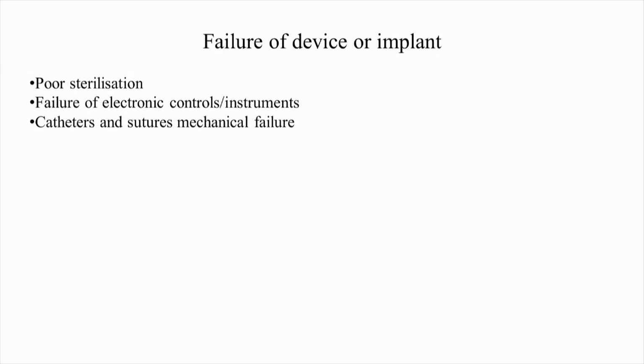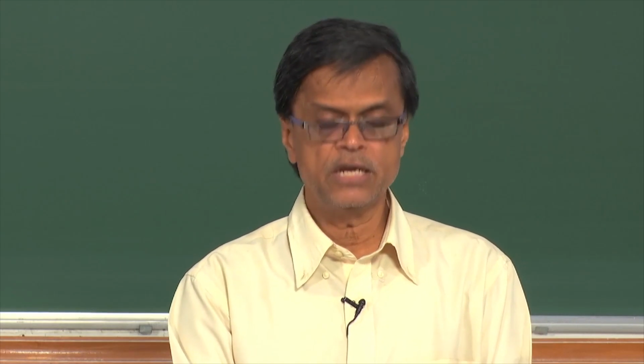Mechanical failures, like we use catheters, we use sutures, they just break and the internal fluid may pop out, or infection bacteria may go inside. If you are using a urinary catheter and it breaks because of mechanical failure, you are going to have a lot of body fluids getting mixed up, okay. That is the mechanical failure. And of course diaphragm valves can have mechanical failure, and so on.